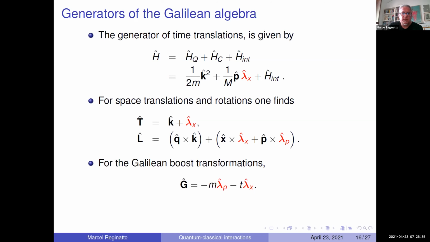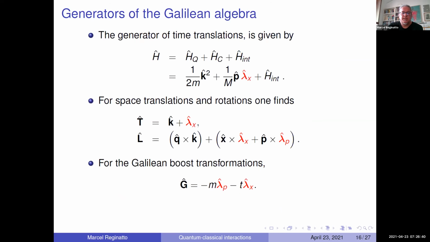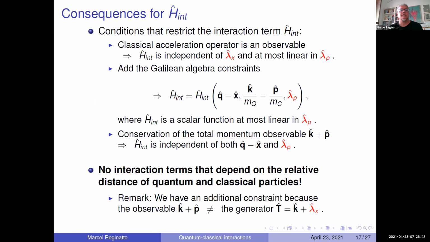What happens was a bit surprising to me. You look at this interaction term that you allow in the Hamiltonian, and look at the Lie algebra. What is reported in this paper from 2020 is that you have some conditions. If you introduce a classical acceleration observable, it turns out this puts some constraints on the interaction term.